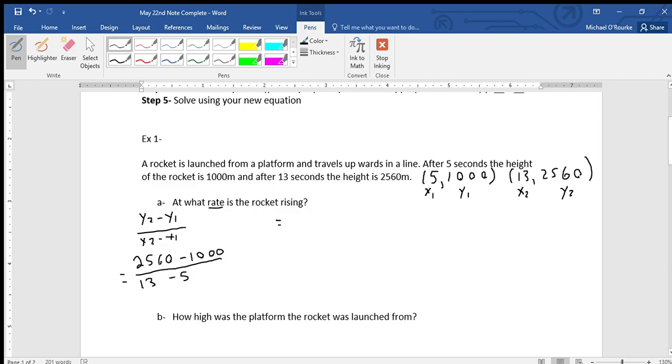Therefore, next line is going to be 1560 divided by 8. Right? 5, 6, 7, 8. Yep. So 1560 divided by 8 equals 195.